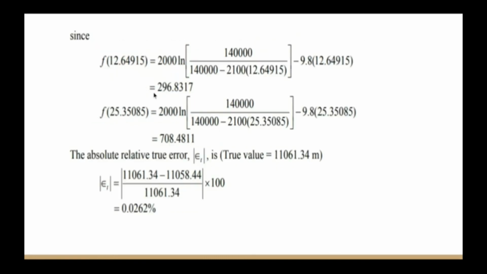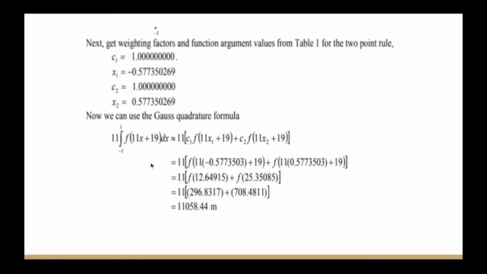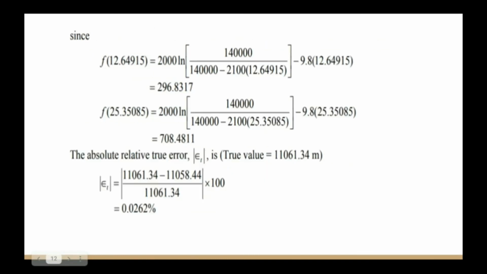So we got 296.8317 and 708.48111. We add the two, then multiply by 11, and we get 11,558.44 meters.